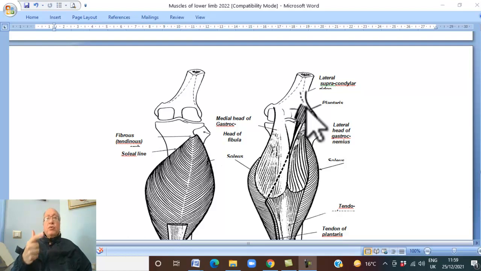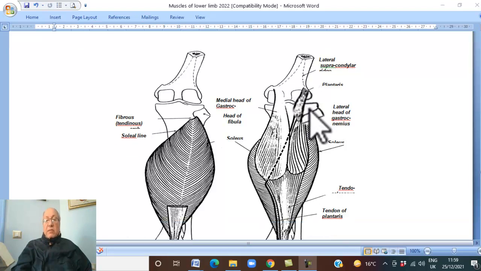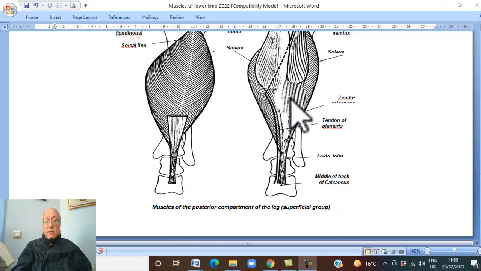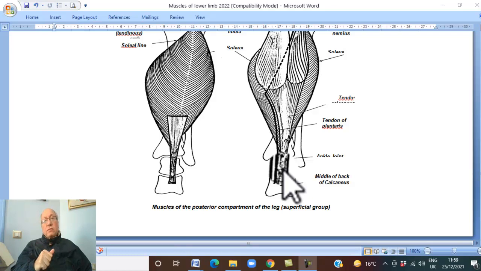Why did I mention the origin of gastrocnemius, soleus, and plantaris? Because the insertion of all these muscles is one insertion. All these muscles fuse together to form this thick, large tendon, which is called the tendocalcaneus or tendo-Achilles.